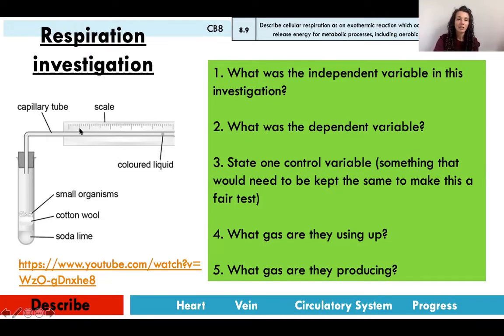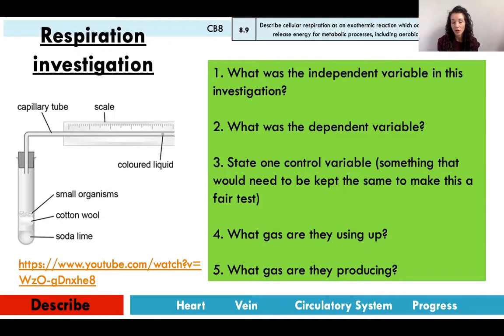And then there's a capillary tube, and it has a scale on it. It has a coloured liquid somewhere along it, and it has a scale. So what will happen, hopefully, is when oxygen is used up in respiration by the little organisms that are in this tube, the oxygen in the capillary tube will reduce, so the coloured liquid should move along the scale. So that's what you are looking for.